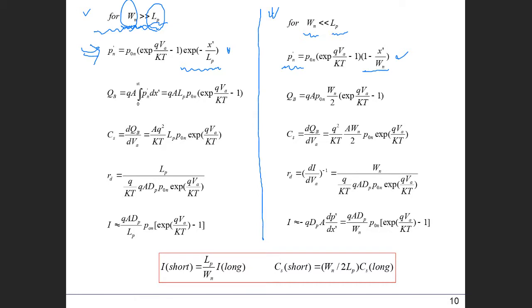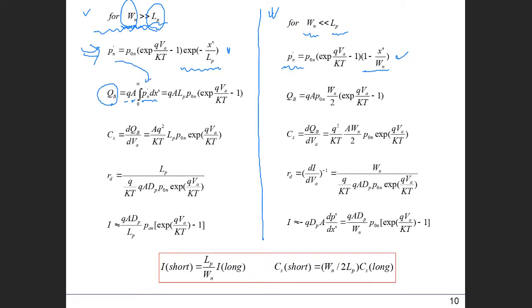Now, in the neutral region, if we integrate all these excess carriers, from there we can obtain the total stored charge. Simply take the area and integrate over the neutral region for this excess hole.